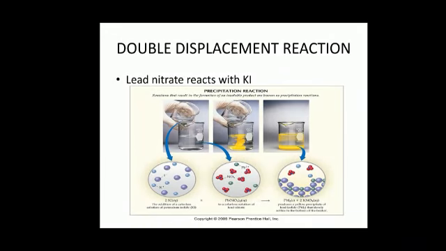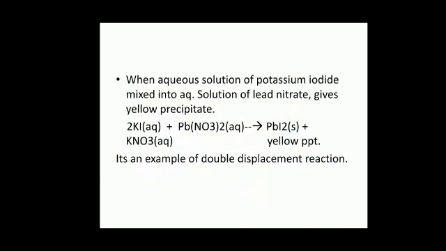The products after the reaction, which you can see in the equation on the image, are yellow precipitate of lead iodide and aqueous solution of potassium nitrate. When aqueous solution of potassium iodide is mixed into aqueous solution of lead nitrate, it gives a yellow precipitate, and this is the equation. And of course this is an example of double displacement reaction.